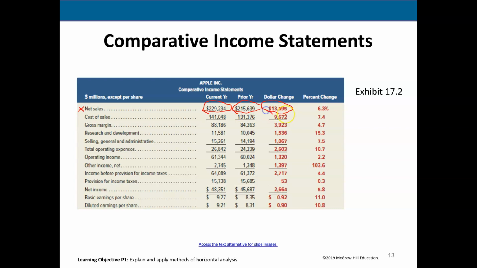That's a dollar change of a little over $13,000. And that doesn't mean as much as if I said, hey, the current year net sales has increased by 6.3%. That tells you more than just saying sales increased by 13,595.